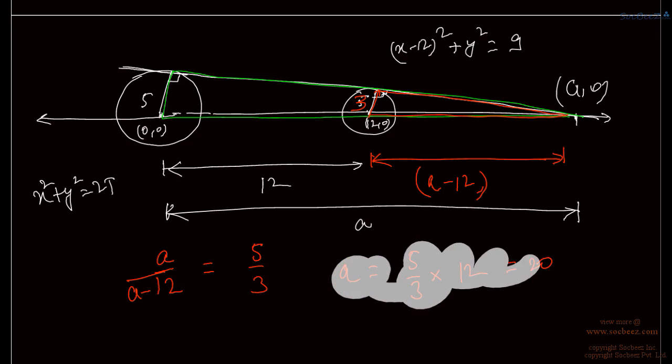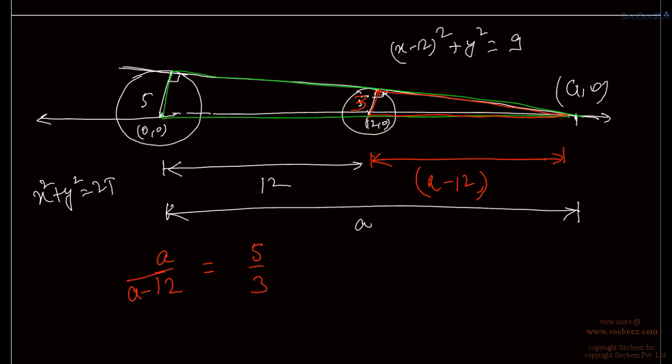So A upon A minus 12 is 5 upon 3, or we have the relation 3A is equal to 5A minus 60, or 2A is equal to 60, right? So A is equal to 30.